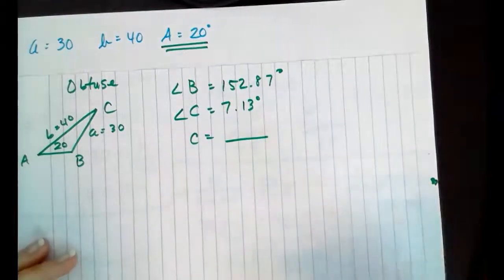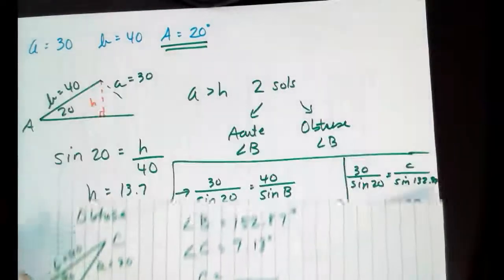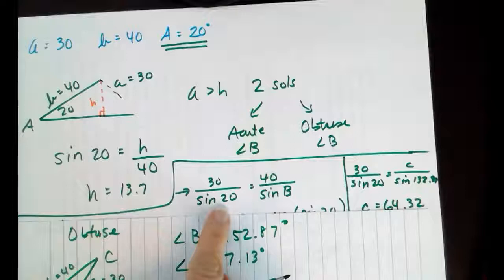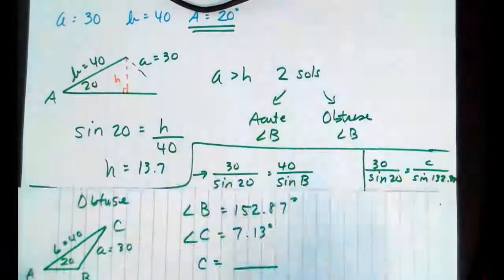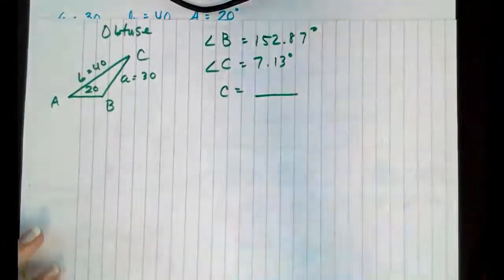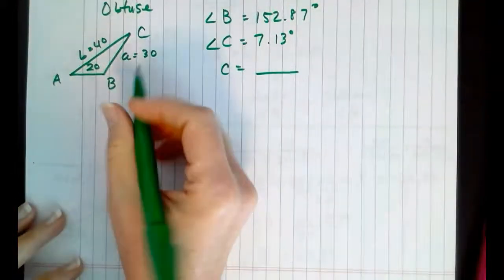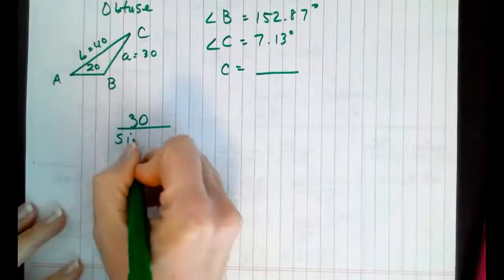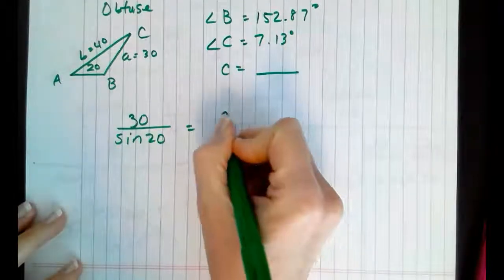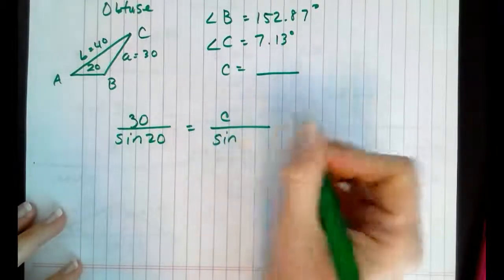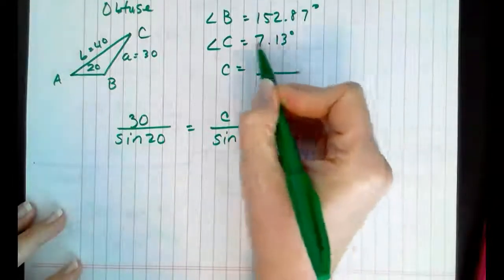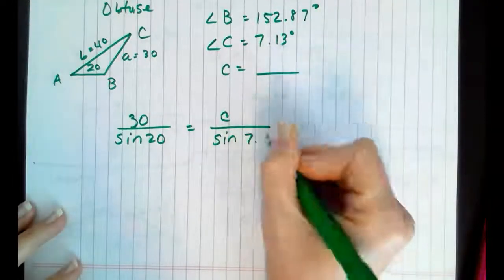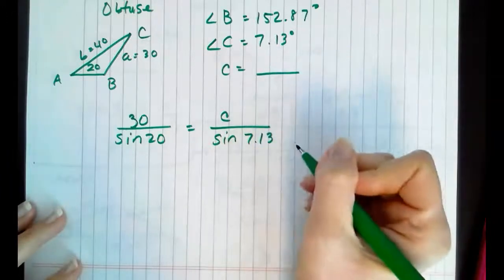Let's set up the law of sines and let's use it. Remember, this was the given ratio from the given information in the law of sines. So let's utilize that. So that's going to be 30 over the sine of 20 equals little c over the sine of our new C, 7.13.